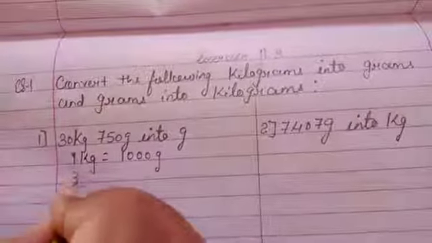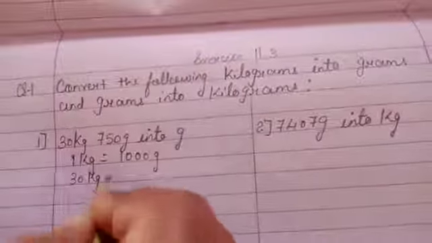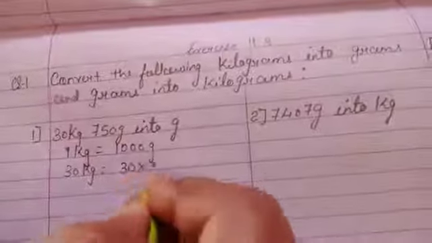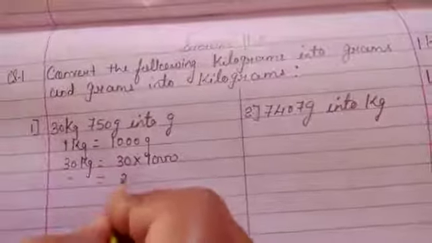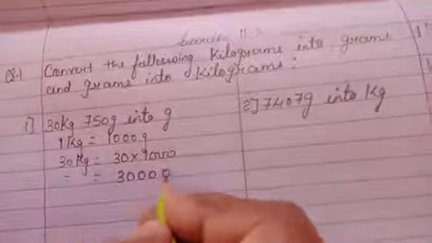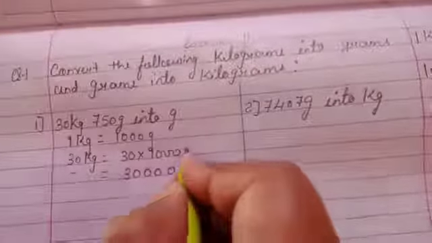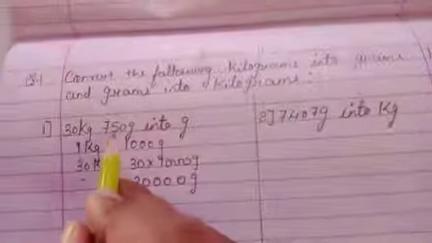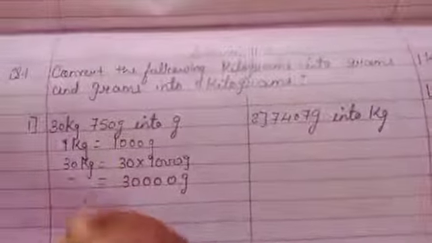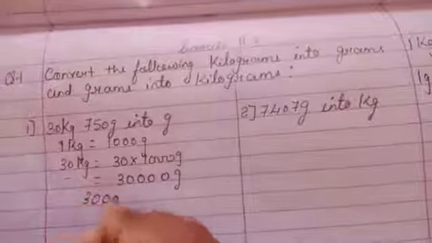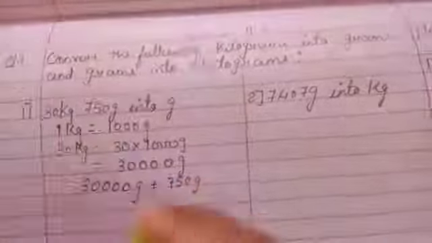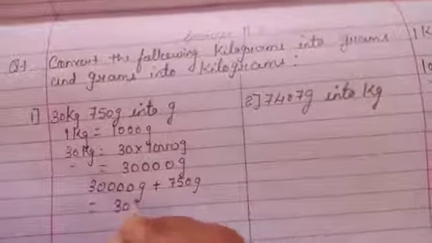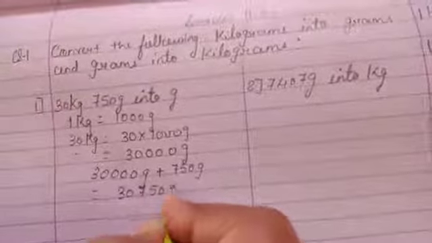So 30 kilogram equals 30 multiplied by 1000 equals 30,000 gram. In the question we are having 750 gram, that we will add. So 30,000 gram plus 750 gram equals 30,750 gram. So this is our answer.